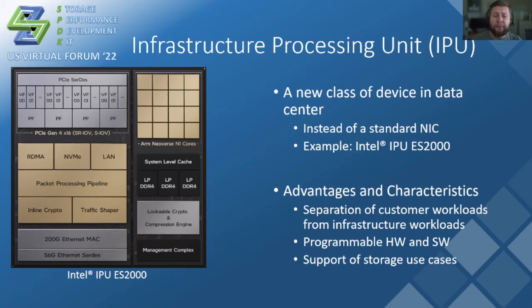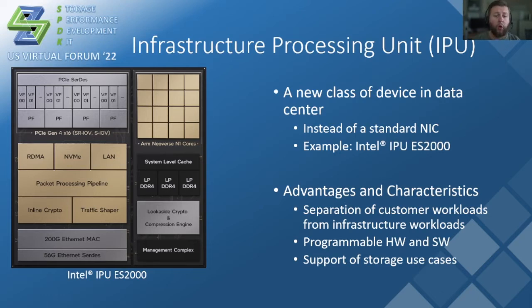So let me first briefly describe what an infrastructure processing unit, in short IPU, actually is. This is a new class of device that is a replacement for a standard network interface card, NIC.